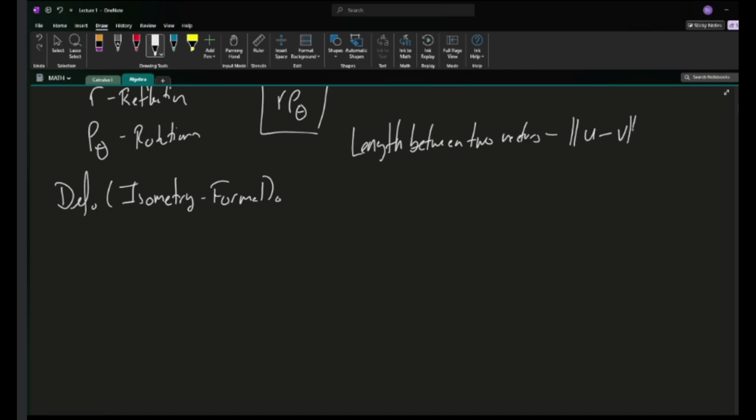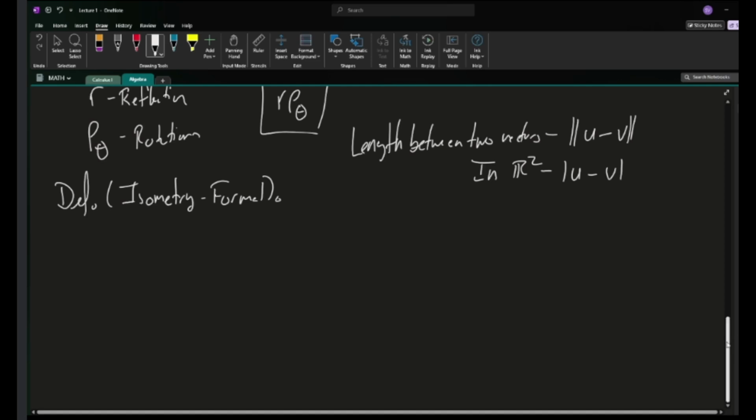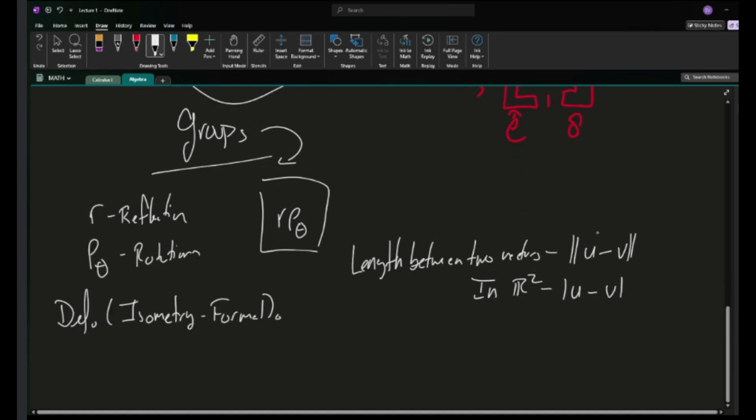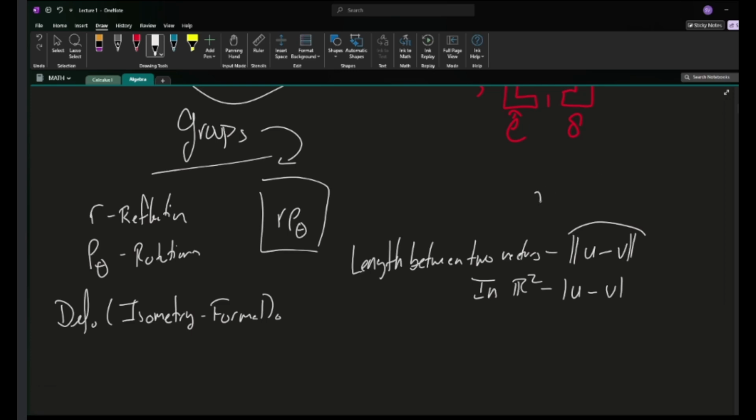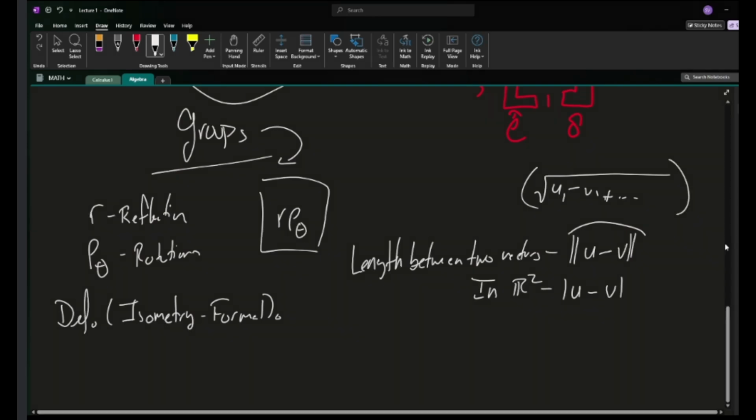The text itself likes to simplify things and make it R2. In R2, it's easy to think of these norms as just the absolute value, but it's a lot easier to look at these as actual norm operators, because this literally just takes the square root of (u1 minus v1) squared plus so forth, if we recall from linear algebra.